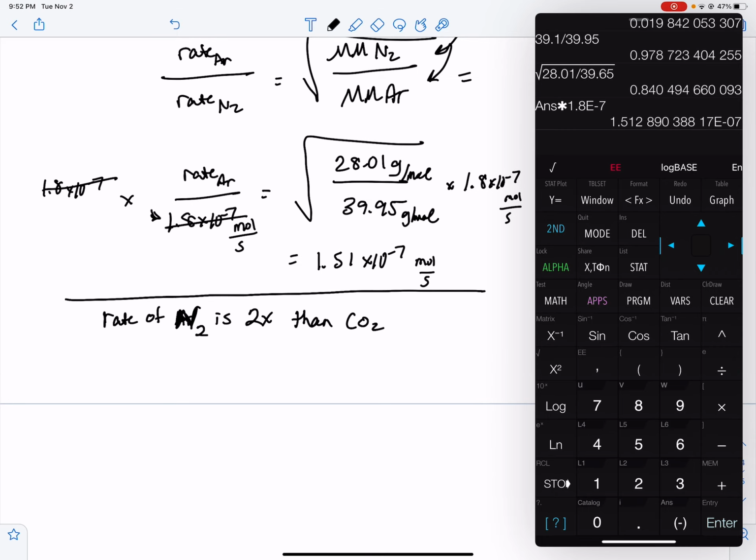All they want to know is the ratio. So let's say the rate was 1 mole per second. I'm just picking a random number of 1 mole per second. So nitrogen's is twice that. So if this is X, nitrogen's would be 2 moles per second. So that's the rate of nitrogen. And then this is the rate of CO2, and so that's the one that's just X.